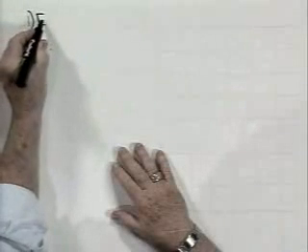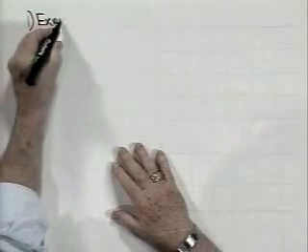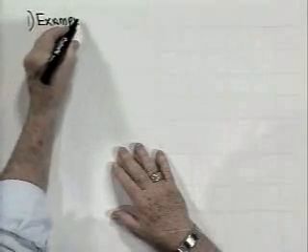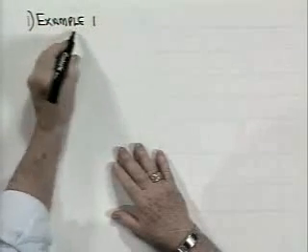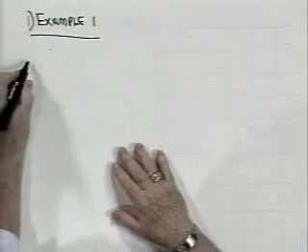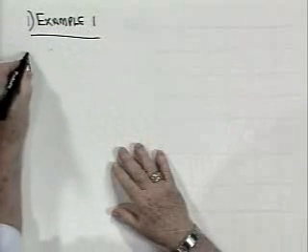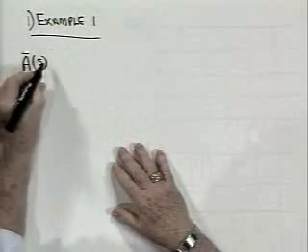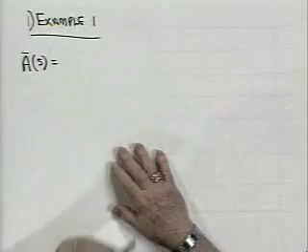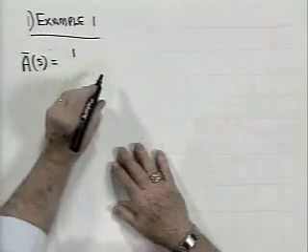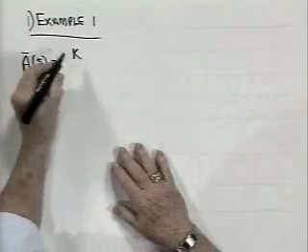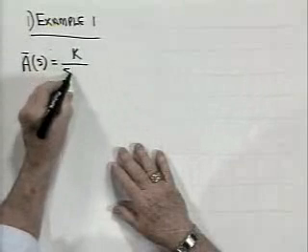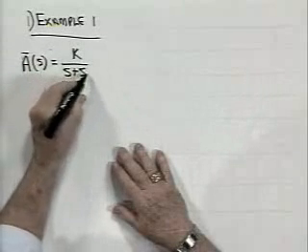Example number 1 starts with a function A of s equals K over s plus s1.